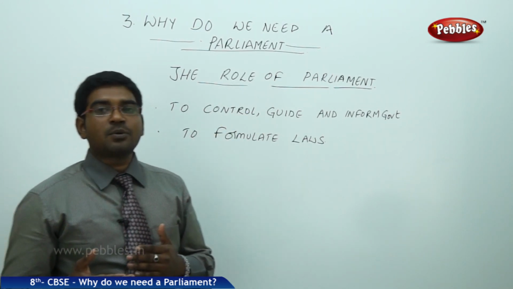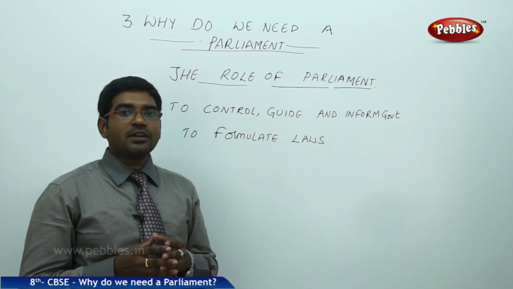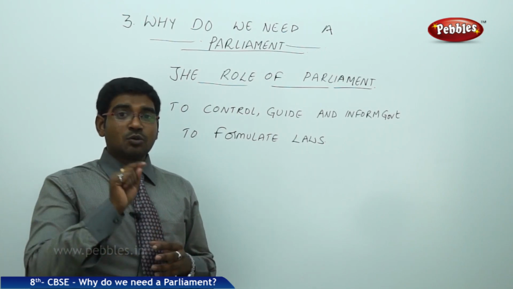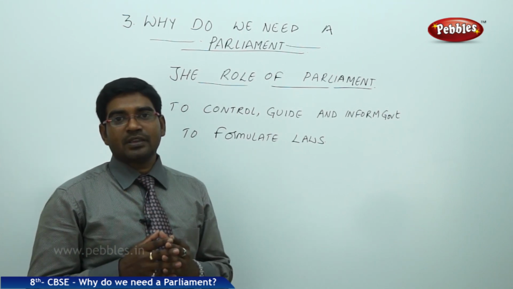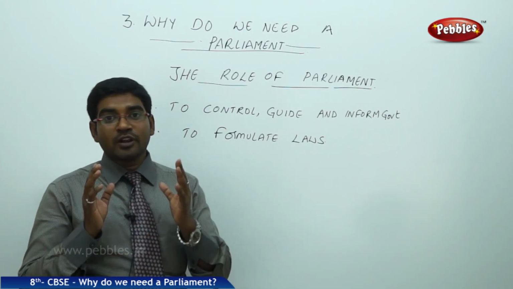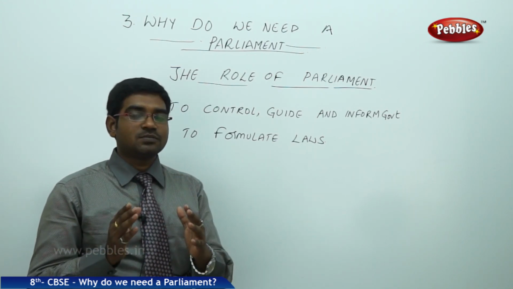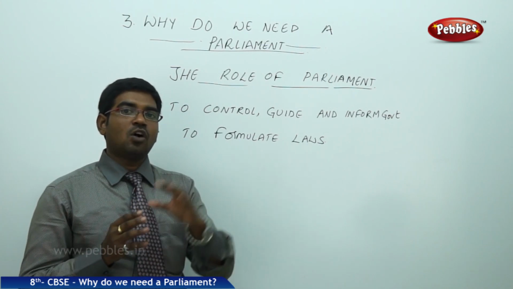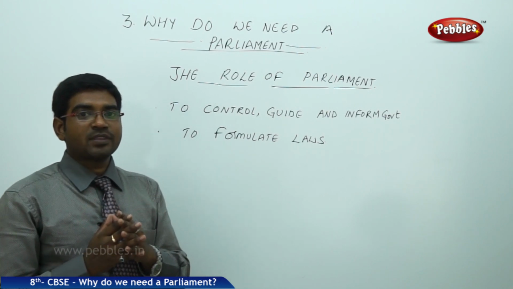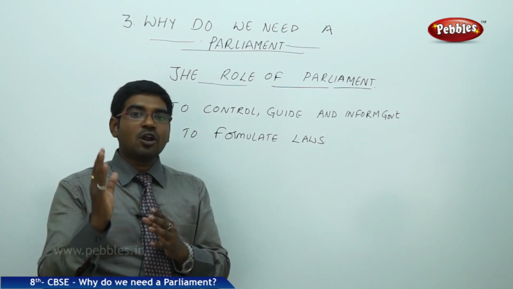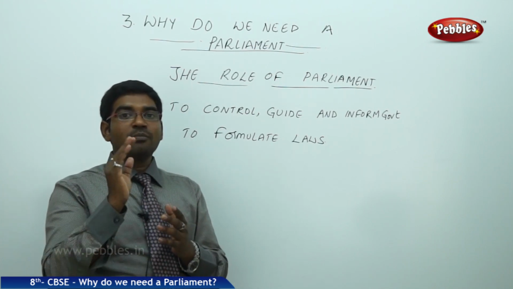In Parliament, first of all, we have the question hour. Through the question hour, the members of Parliament raise questions asking the government to respond on a particular issue, to ask what action was taken by the government on a particular point, on a particular incident. All these things can be brought to light by the questions posed by the members of Parliament.